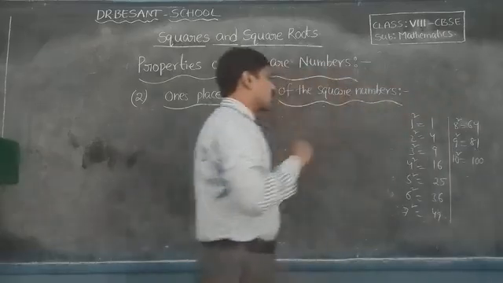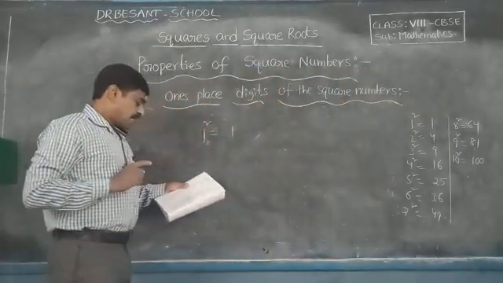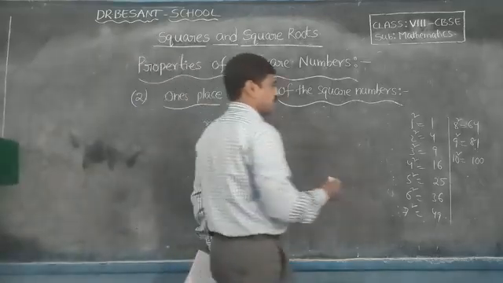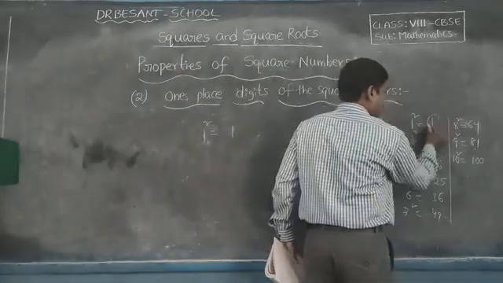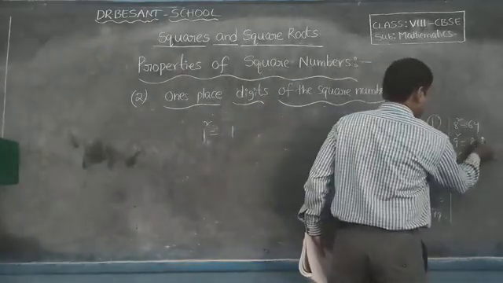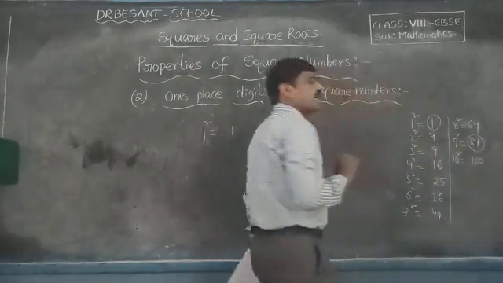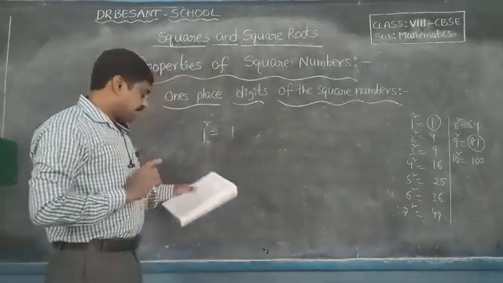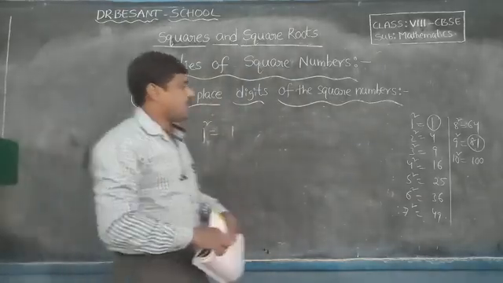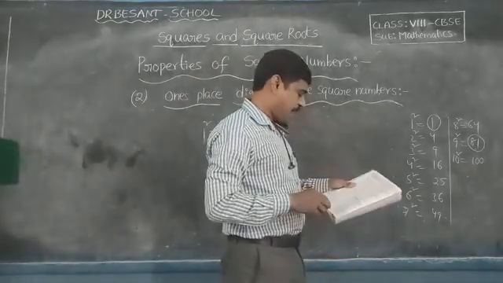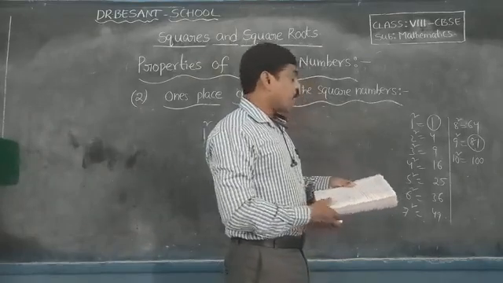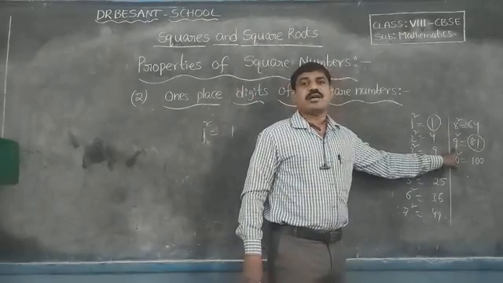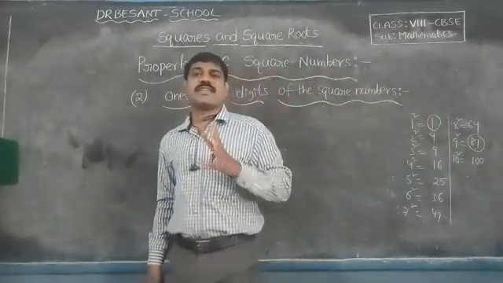So observe the first rule. The square of a number has 1 in its ones place. So this one and this one, the digit in units place is 1. Then the original number is either 1 or 9. Here it is 1, here it is 9. 1 square 1, 9 square 81.